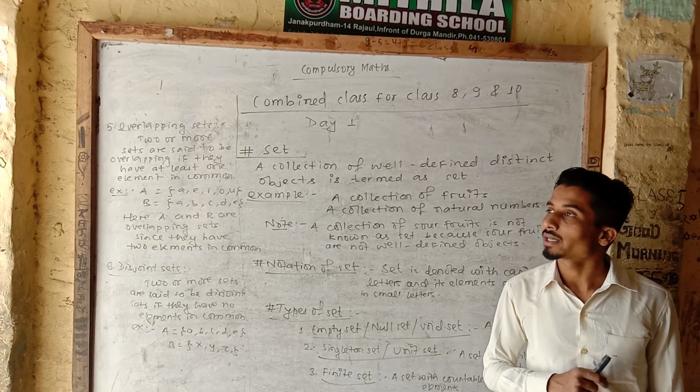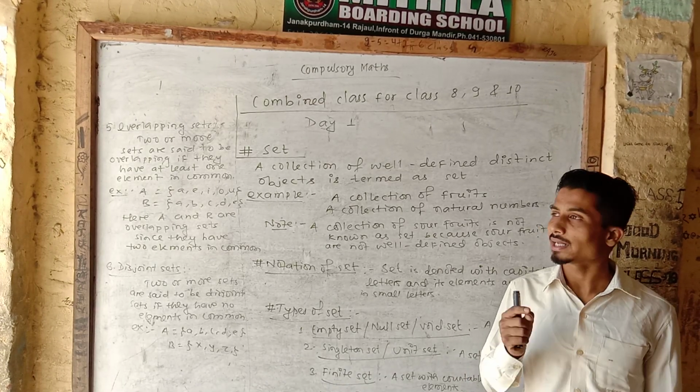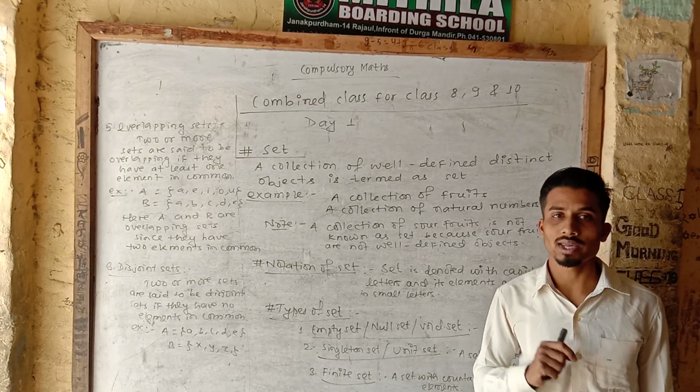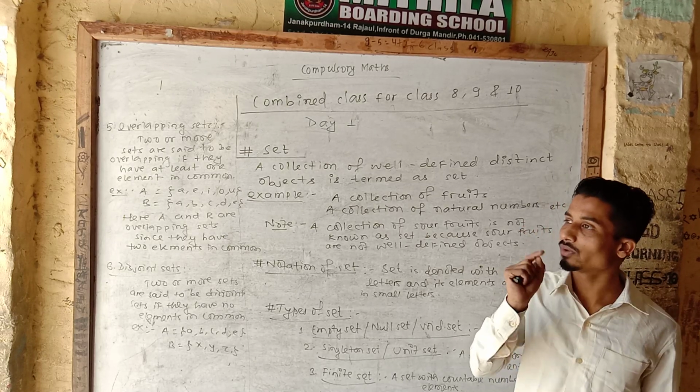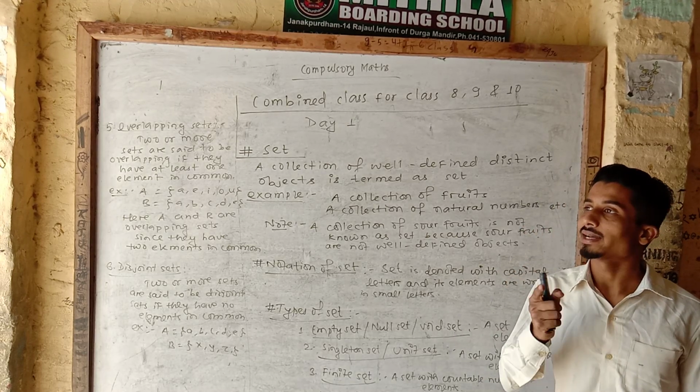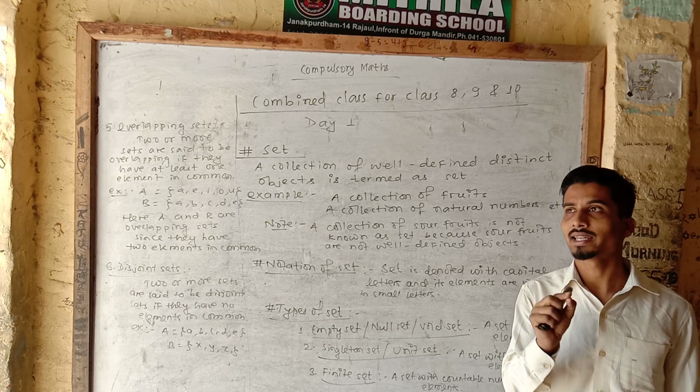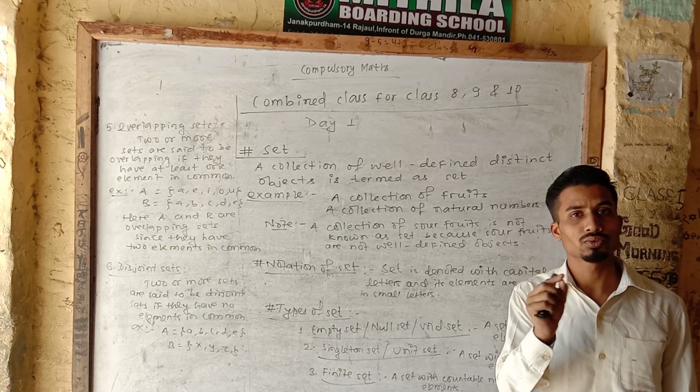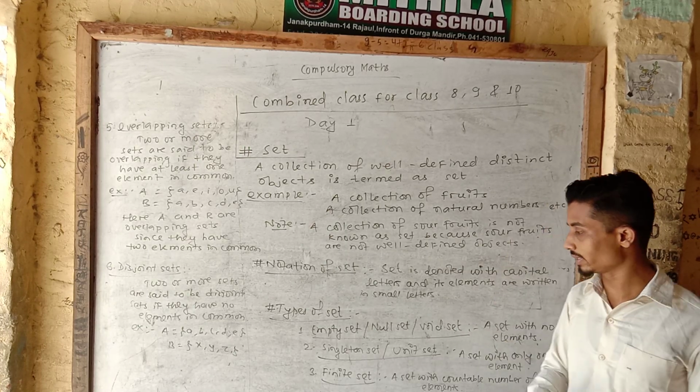Another example: a collection of even numbers between 2 and 4. Between 2 and 4 there is only one number, that is 3, and that is odd. That's why a collection of even numbers between 2 and 4 is also an empty set.